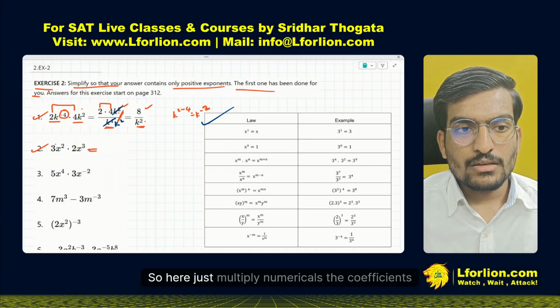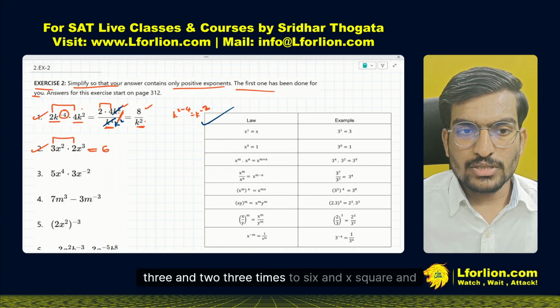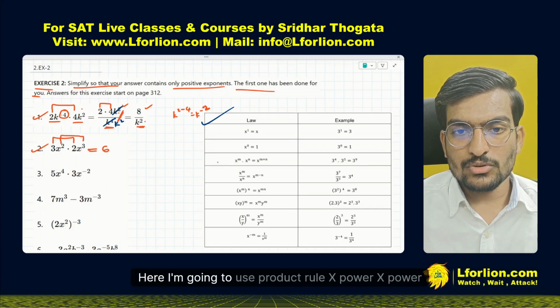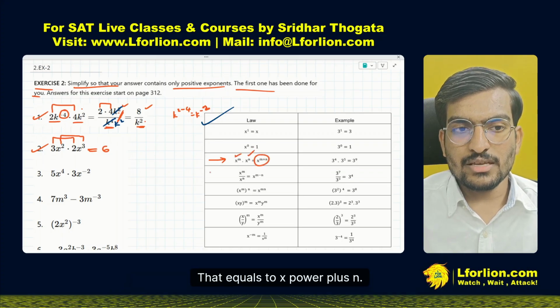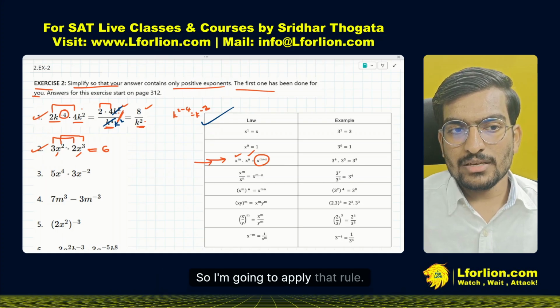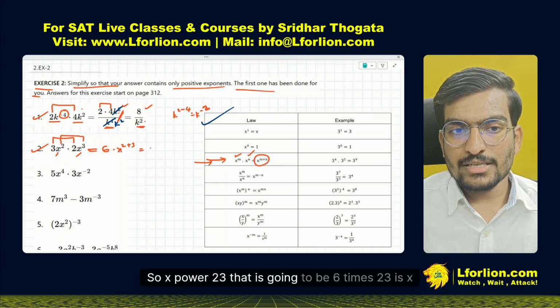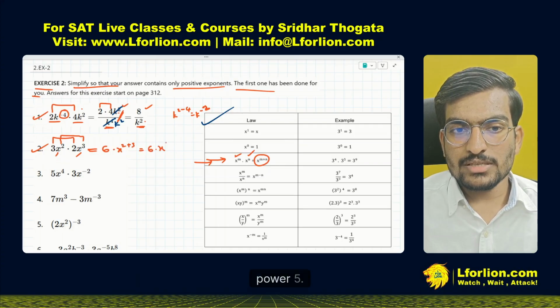So here just multiply the numericals, the coefficients 3 and 2. 3 times 2 is 6, and x squared and x power 3. Here I'm going to use the product rule, x power m times x power n equals x power m plus n. So here the x bases are the same, so I'm going to apply that rule. x power 2 plus 3, that is going to be 6 times x power 5.